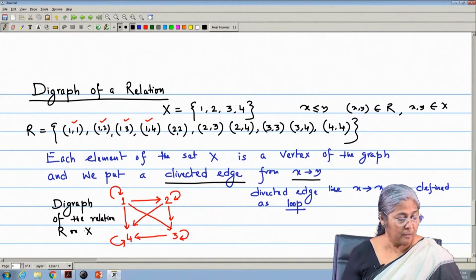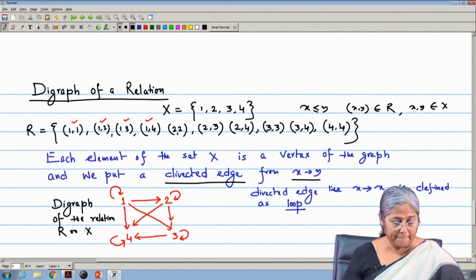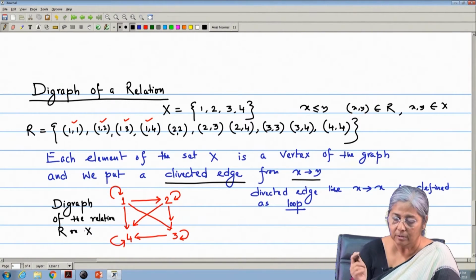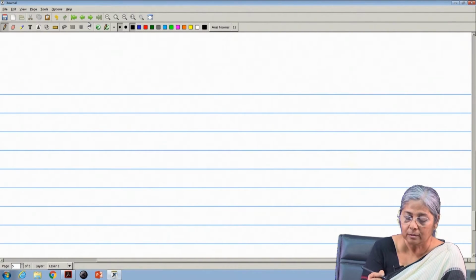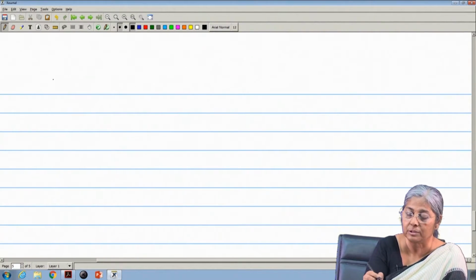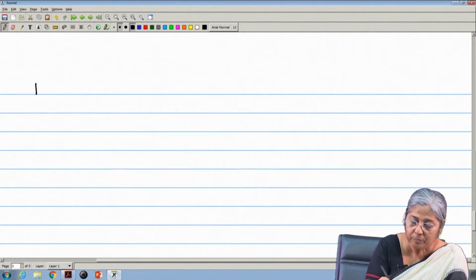Okay. Now, we have different types of relation that we normally use, and the relations we consider are of 3 types.